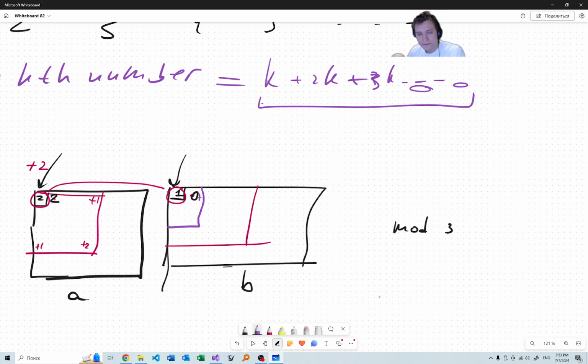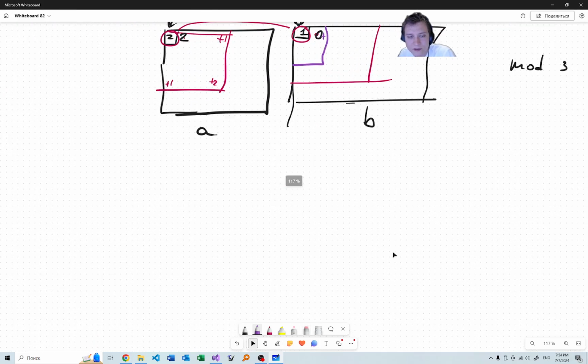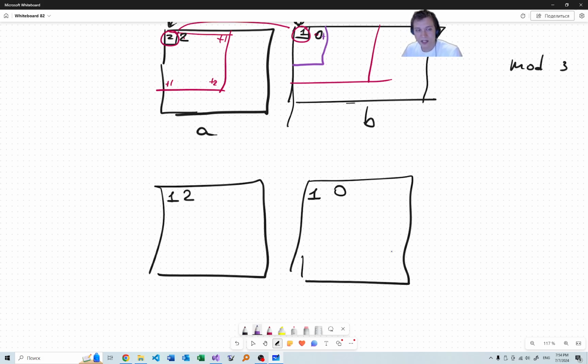Oh, sorry. Let me redraw it lower. For example, we have two rectangles. Already in this corner we have equal numbers, ones. Here we have 0, here we have 2. We want to fix this 2 so that it becomes 0.